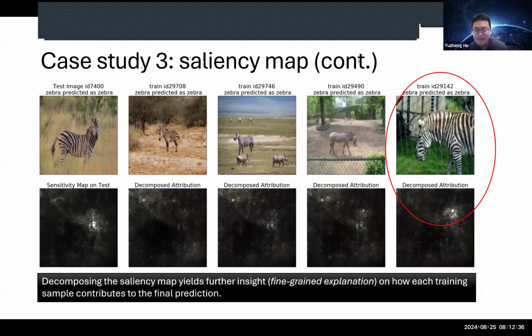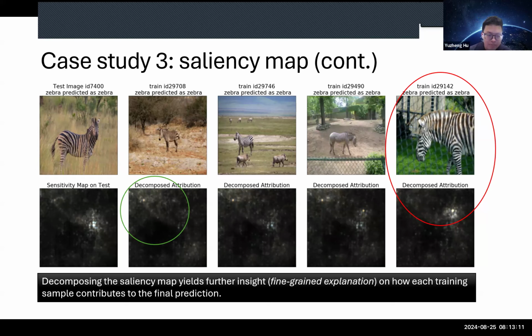Similar to the first image, this one also has a lot of emphasis on the head of the zebra, and correspondingly, the saliency map of this image has very high overlap with the overall saliency map of the test image. So the region is very similar to the one in the first figure, corresponding to the head of the image.